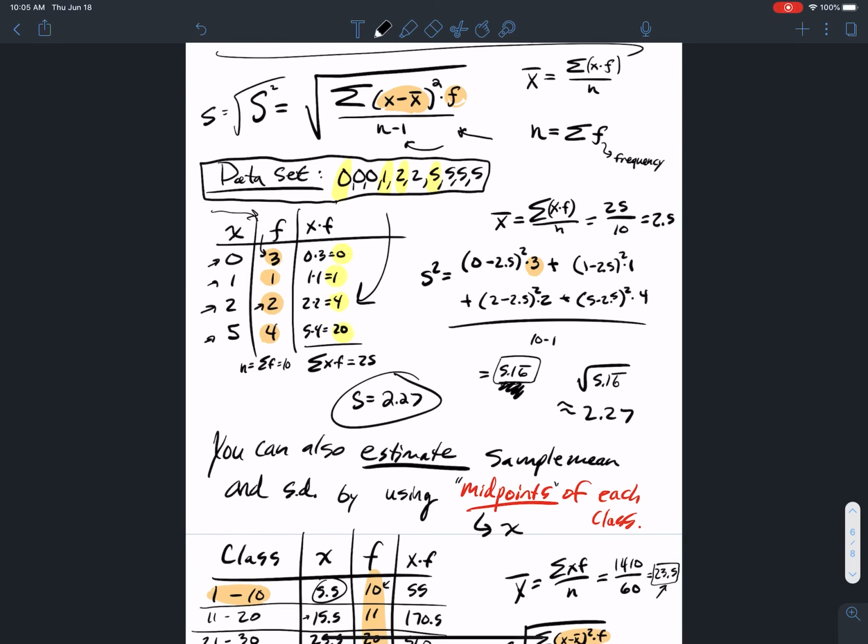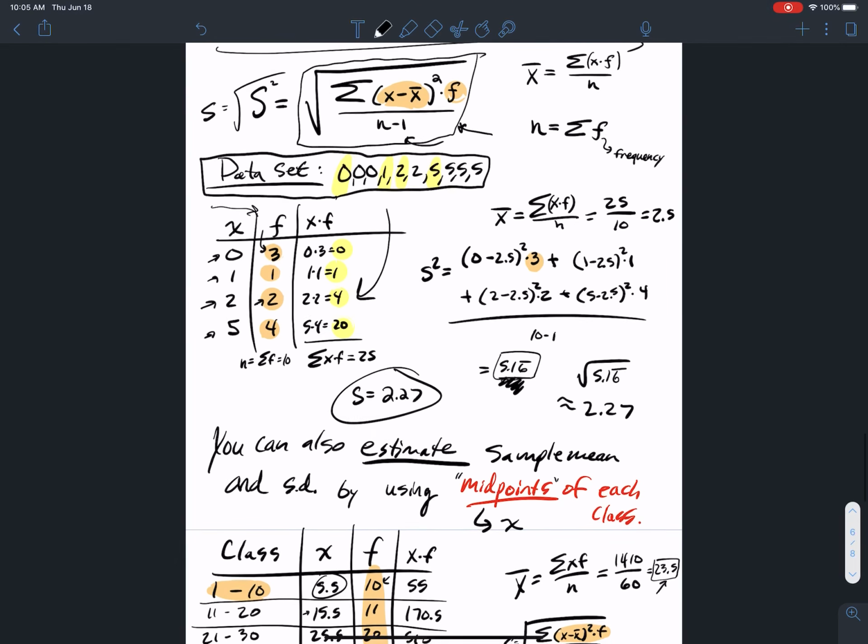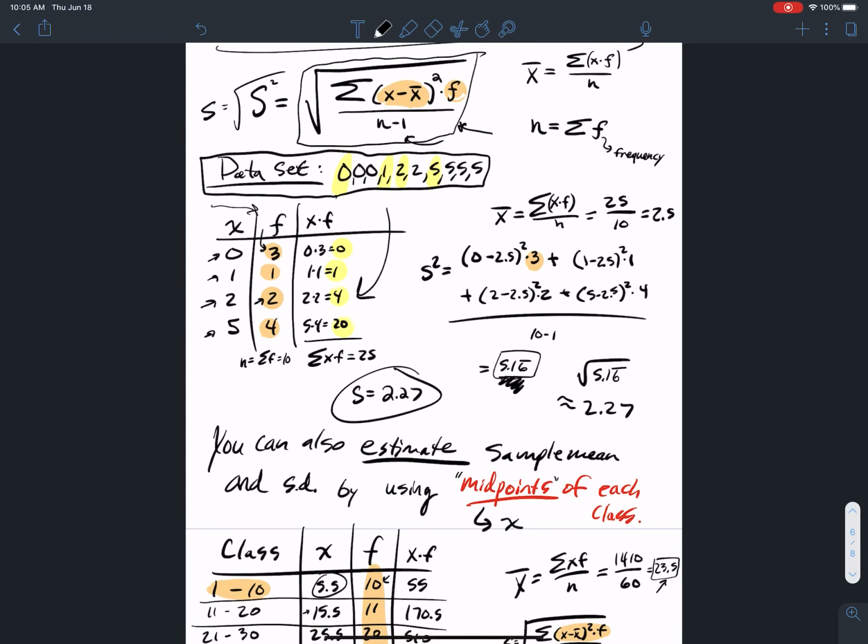That way you can use this quicker formula here. When we did that very first problem introducing the standard deviation, this is the type of formula that I used. It's quicker to multiply by 3 instead of add it 3 times.